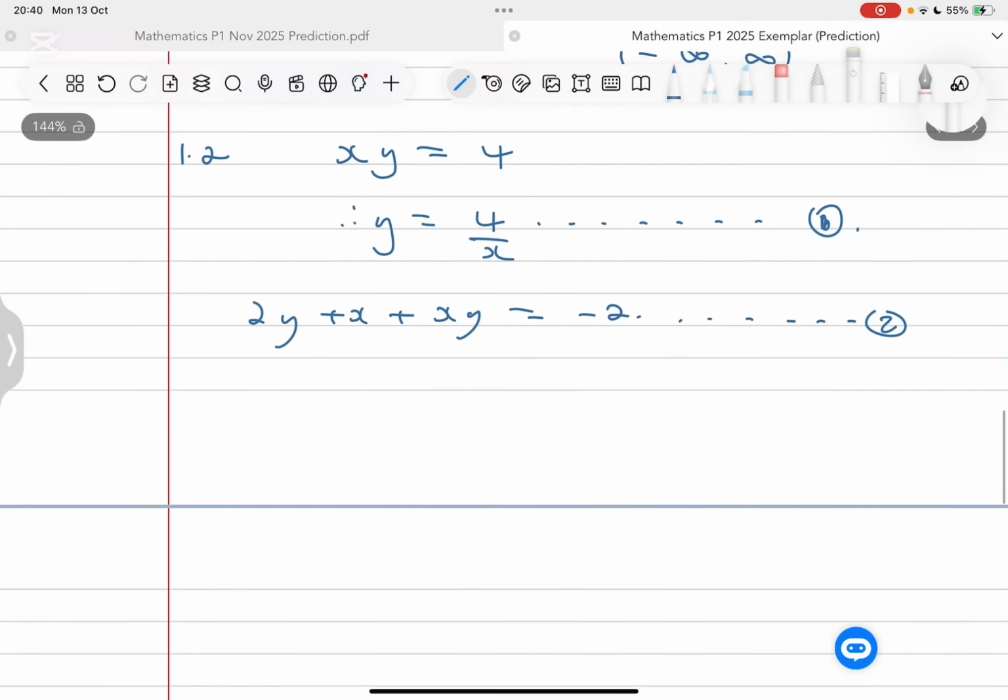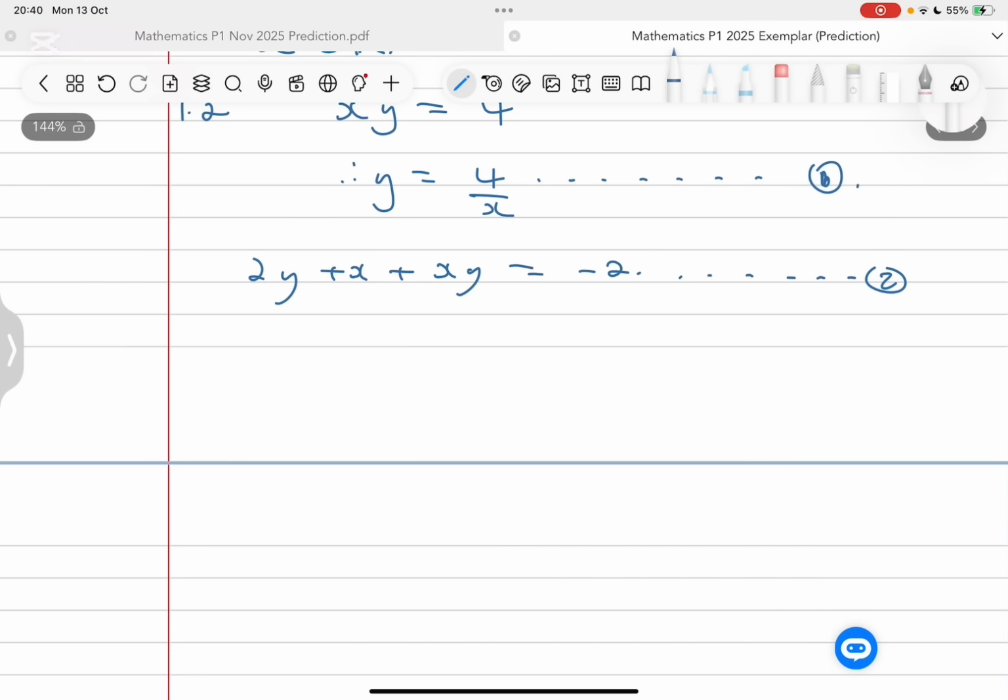Now at this stage, what I'm going to do is that I will then say substitute equation 1 into equation 2, so that now my equation 2 will transform to be a 2. Remember, we have the y here, which is now going to be written in terms of x to be 4 over x.